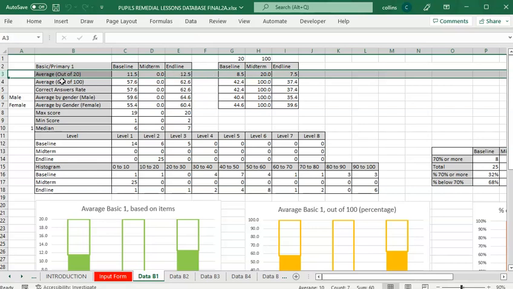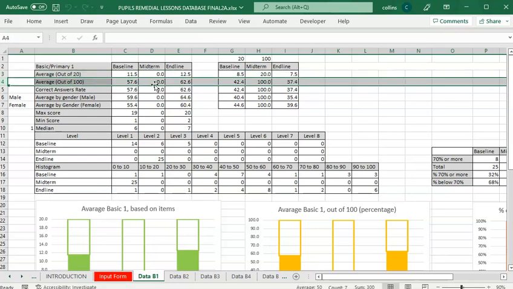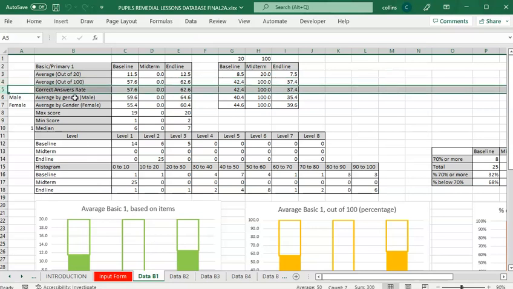All right. Then we also have the average out of 100 over here. This will guide us during pictorial analysis. Correct answers rate refers to the number of questions that the pupils had correct as against the total number of questions that were set for the learners, multiplied by 100%.